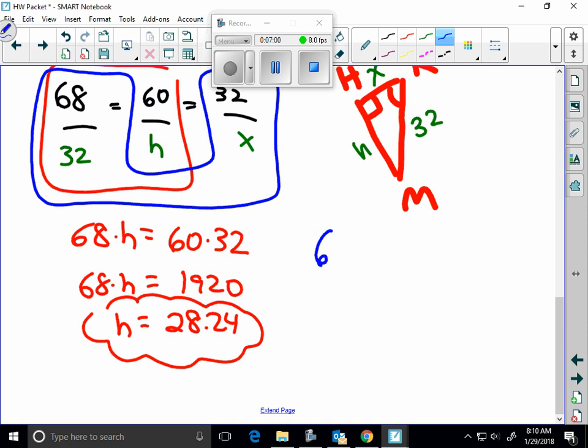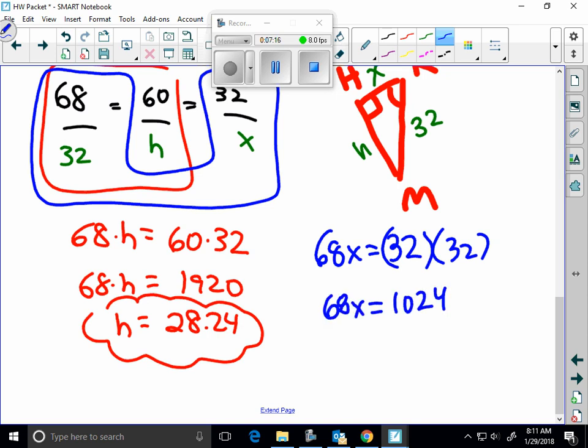Okay, now let's find x. So 68 times x equals 32 times 32. 32 times 32 is 1024. Okay, 1024 divided by 68. Yuck.